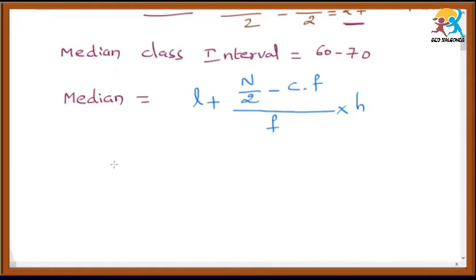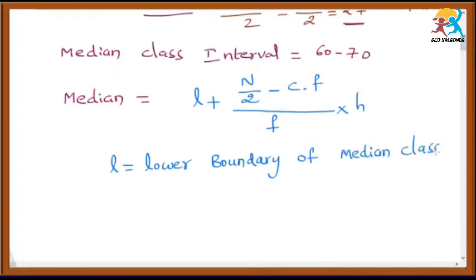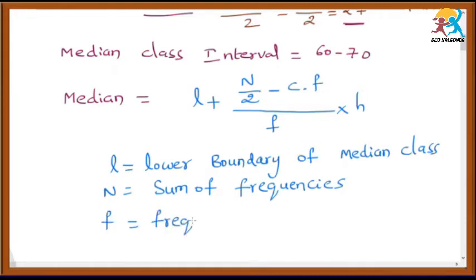So I will write L. L is equal to the lower boundary of the median class, and n is equal to the sum of frequencies, and f, what is f? F is equal to the frequency of the median class.